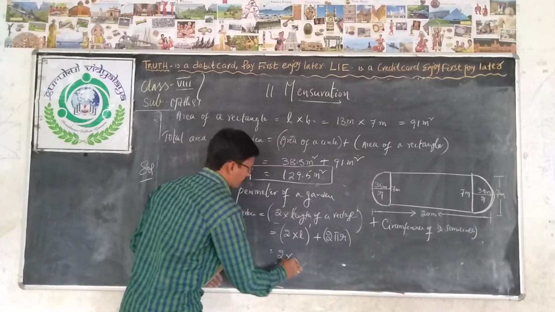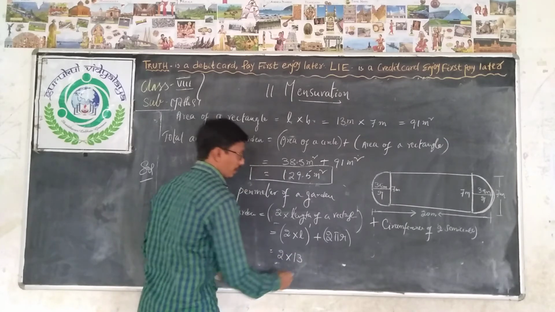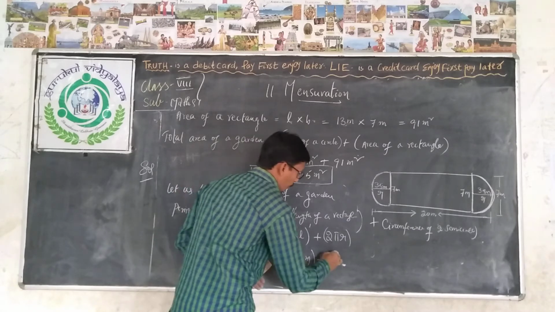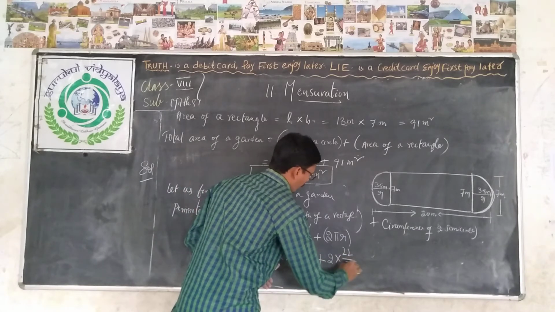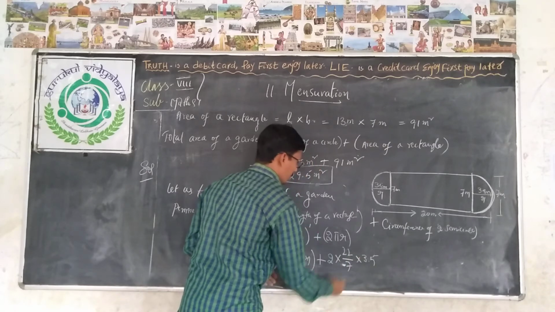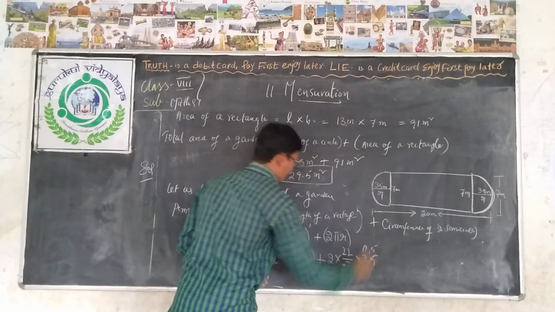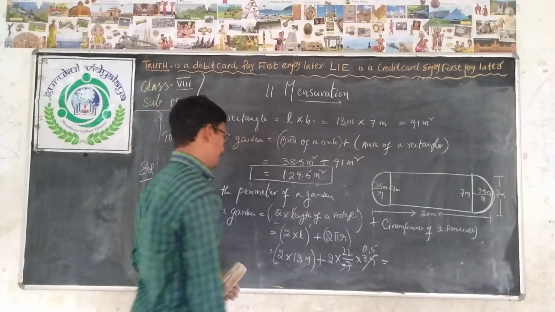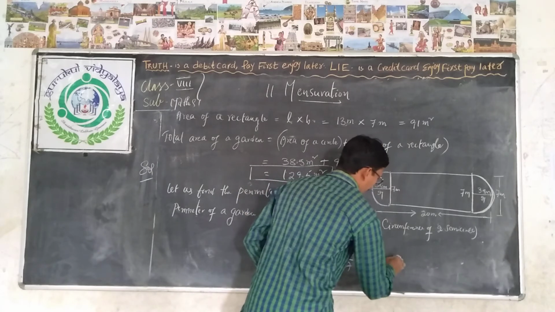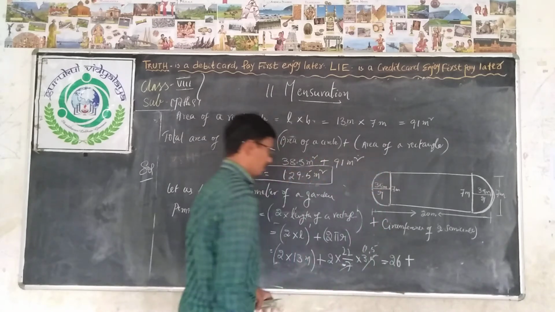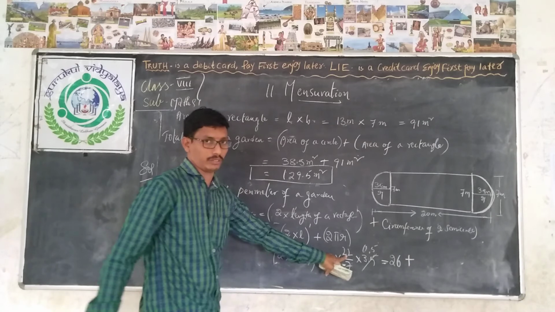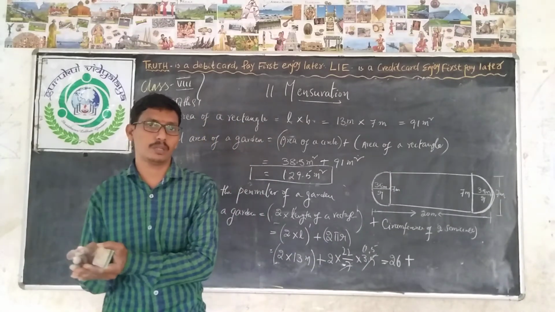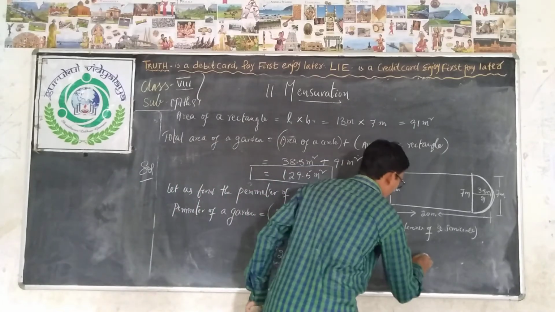2 into L. L means how much? 13 meters, plus 2 pi r, 2 into 22 by 7 into the radius 3.5. Children, listen very carefully: 13 2s are 26, plus 22 2s are 44, and 44 into 0.5 is 44 by 2, so 22.